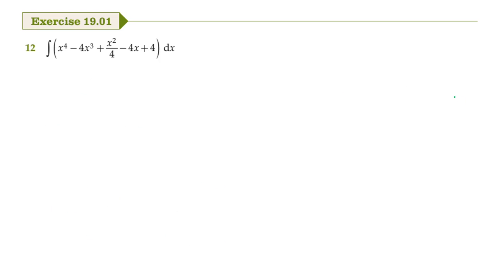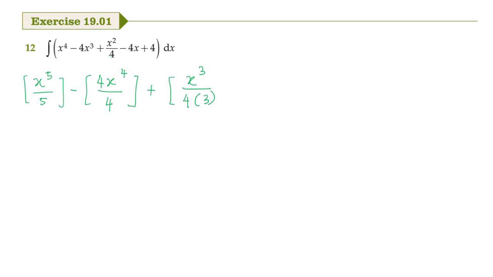Okay, now number 12. A bit longer when you have a long polynomial equation. Okay, so let's do without splitting them. So straight away the first integrand, 4 plus 1 is 5 divided by the new power 5, minus 4x. 3 plus 1 is 4 divided by the new power 4, plus x power of 3, because 2 plus 1 is 3, divided by the new power of 4 times 3.